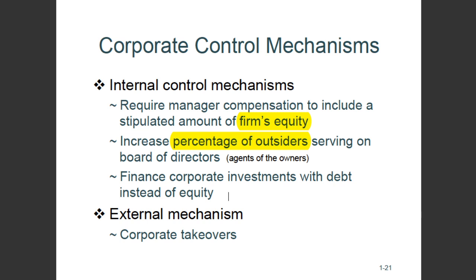So you're going to take on bondholders so that those managers have to be accountable to the bondholders. So they're also like outsiders. Bondholders have a stake in the company.